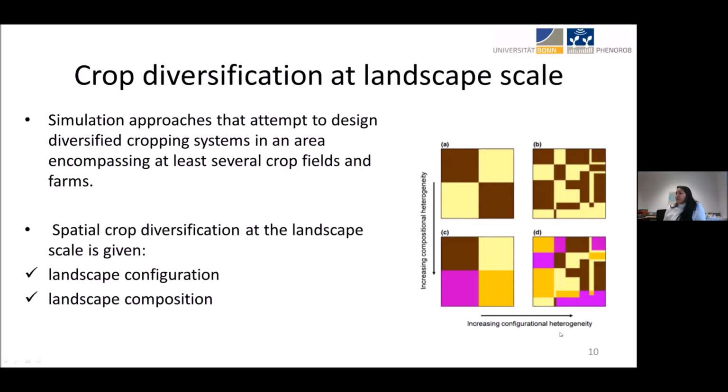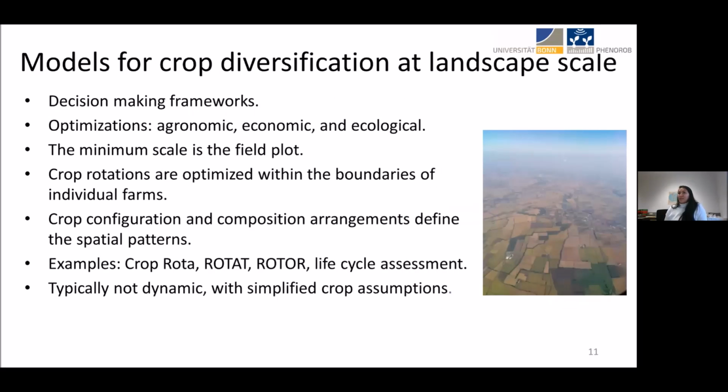In terms of configurational heterogeneity, it increases when the field sizes within the area are reduced. So basically, from having, let's say, four fields, in this case, to having more than 15 different fields. So basically, crop diversification at the landscape scale is increased by these two measures.